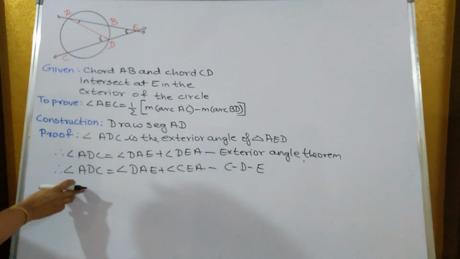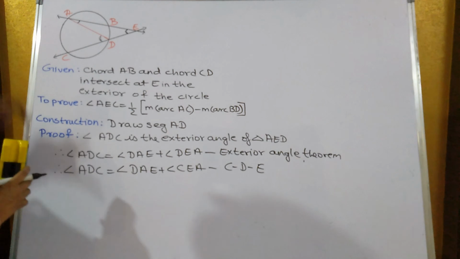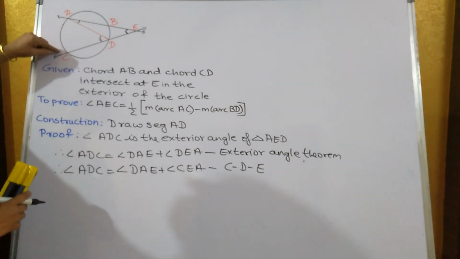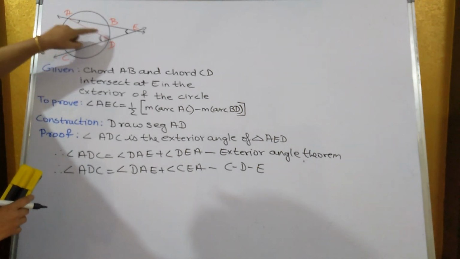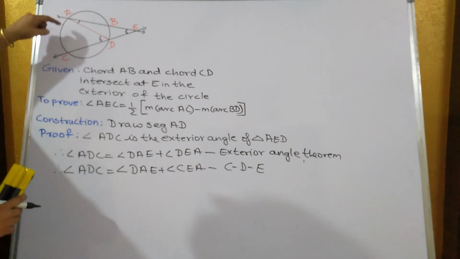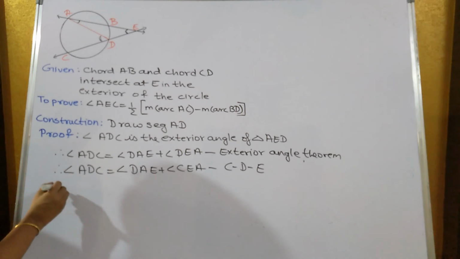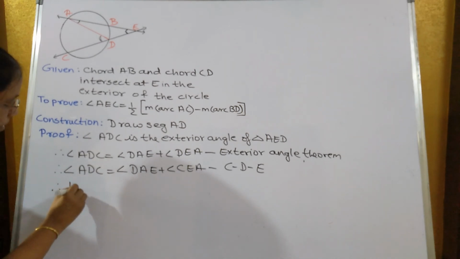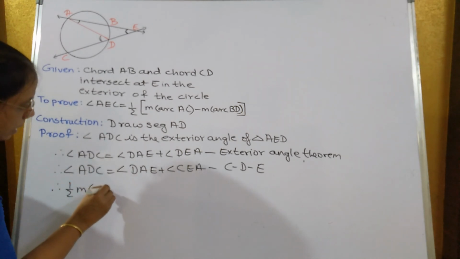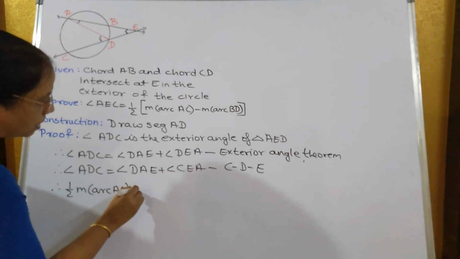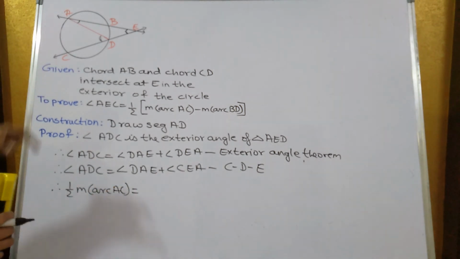Now what is angle ADC made up of? Angle ADC is an inscribed angle and the intercepted arc is AC. So instead of angle ADC I'll write half measure arc AC, which is equal to DAE.